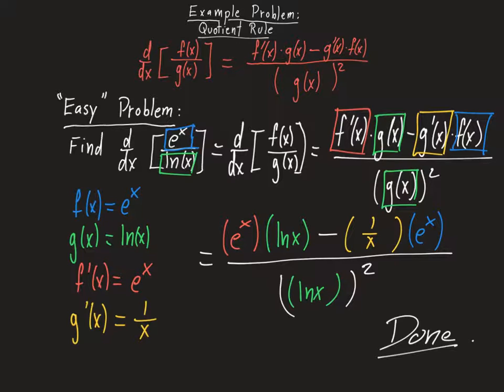It's not much more difficult. Just keep track of all of your derivatives and all of the functions you're working with, then rewrite the rule out completely and plug everything in the spot that it needs to go. Okay, that was an easy problem.